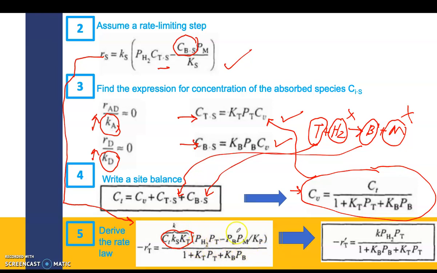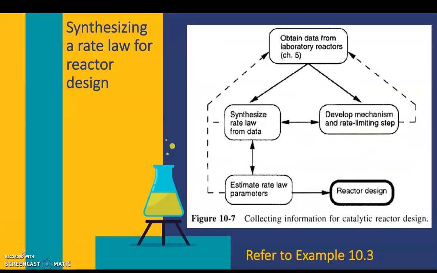So is it actually being simplified into this? Okay, so you can check back your book, starting from page 688 to 692. Right, so the next slide is synthesizing a rate law for reactor design.